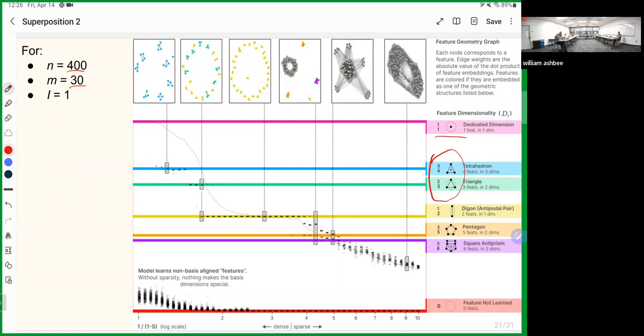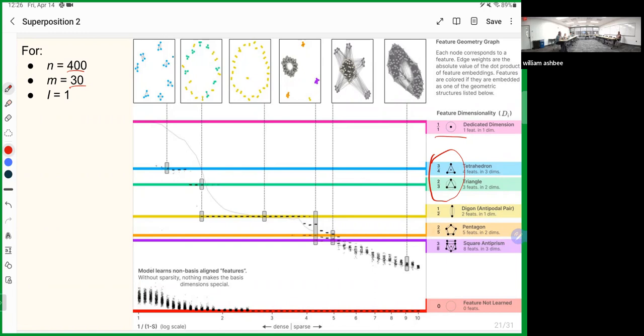Yeah, that's superposition. An interesting question here is why are we seeing only those polytopes? They are two-dimensional polytopes and sometimes three-dimensional, but we have 30 dimensions in hidden state. Why not make a 30-dimensional polytope?